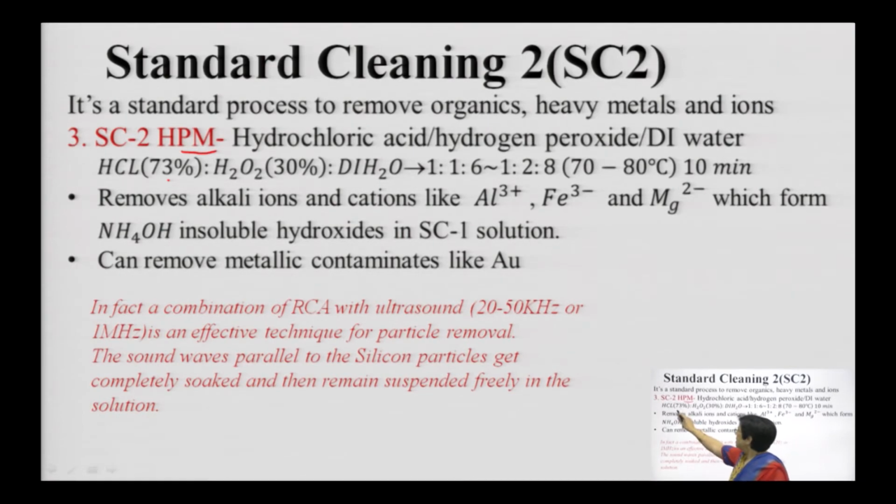Here you have 73% hydrochloric acid and 30% hydrogen peroxide, normally used in 1:1 or 1:2 proportion and diluted in DI water. The temperature is approximately 70 to 80 degrees centigrade, and the duration is less than 10 minutes, a maximum of 10 minutes.